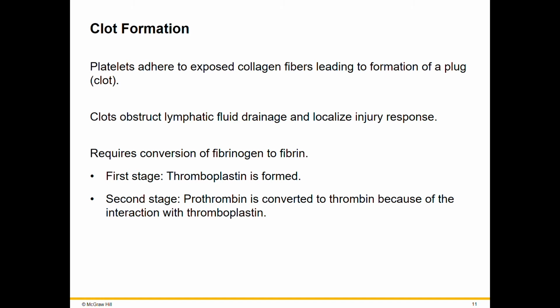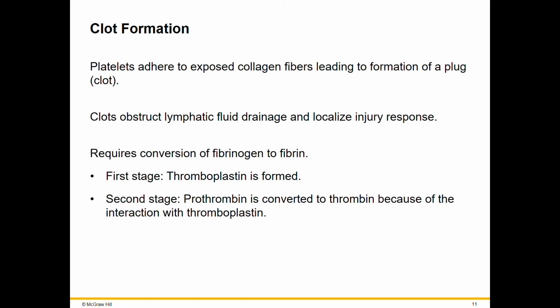And now with the actual function of the platelets, with the accumulation of the platelets, you're going to have a formation of a clot. The initial event that precipitates clot formation is the conversion of fibrinogen to fibrin. The transformation occurs because of a cascading effect beginning with the release of a protein molecule called thromboplastin from the damaged cell.